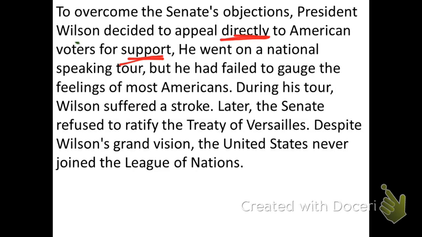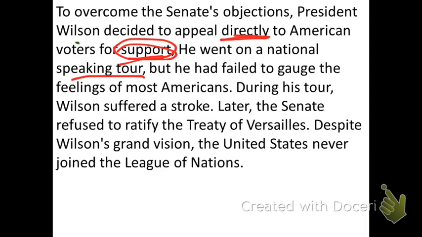He went on a national speaking tour. He had articles written and printed in local newspapers and magazines, all attempting to gain support for the ratification of the Treaty of Versailles, which of course included the League of Nations.